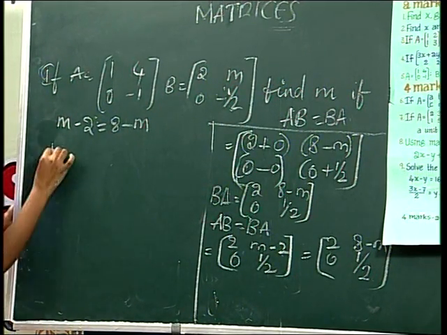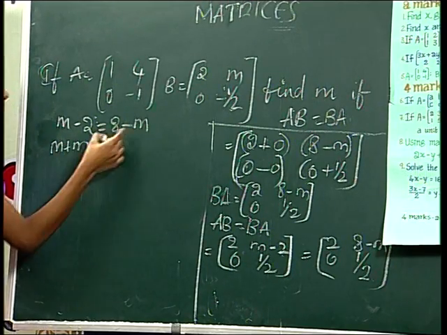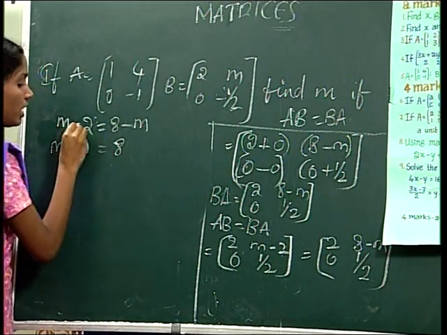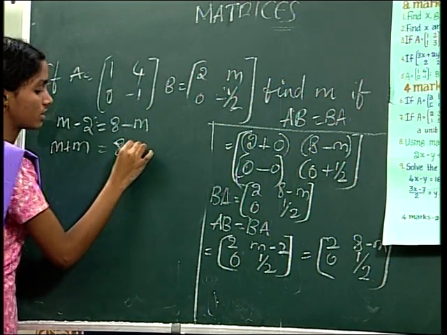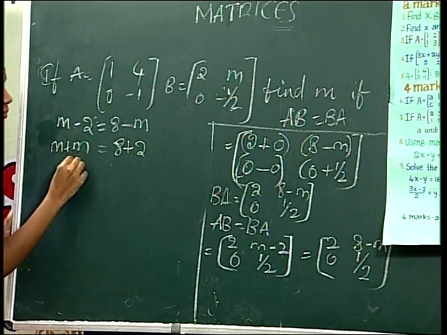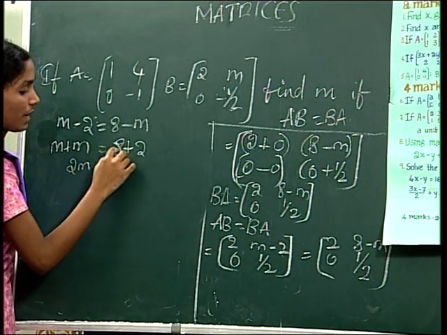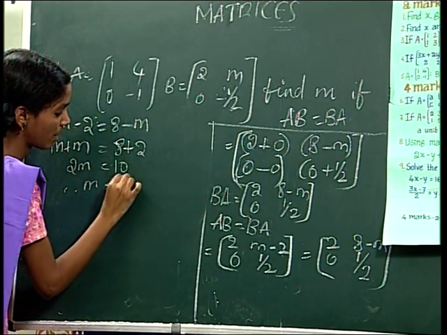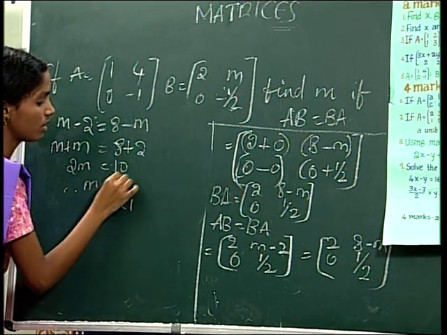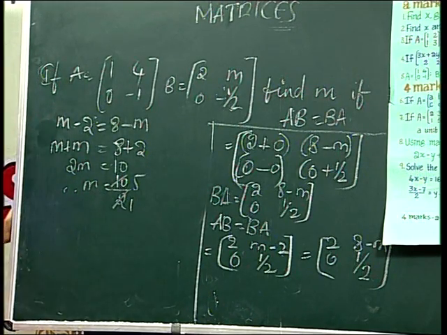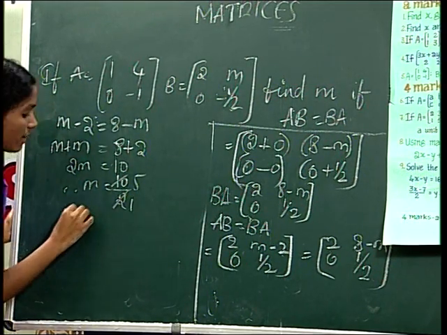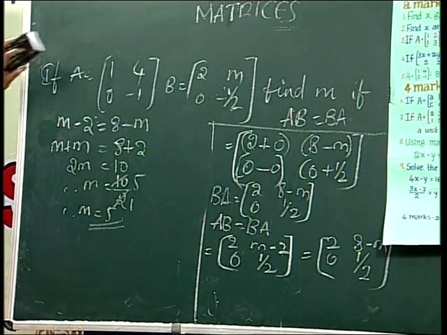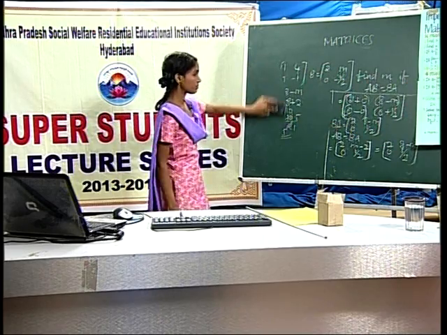To find m, m plus m, this minus will become plus sign. m plus m equals 8 plus 2, so 2m equals 10. Therefore, m equals 10 by 2. Two ones are 2, two fives are 10. Did you understand? Therefore, the value of m is 5. This is equality of matrix.